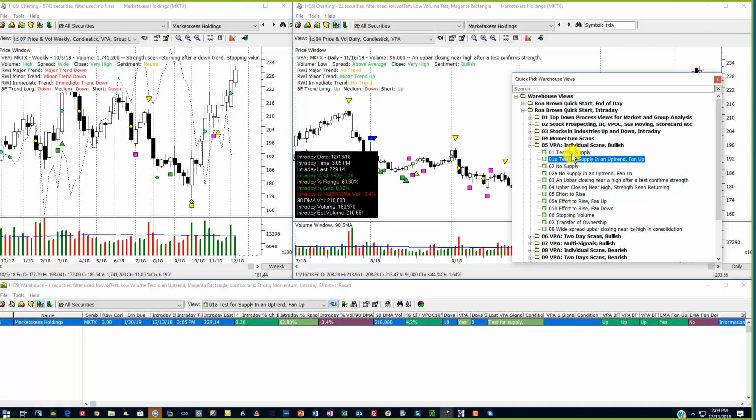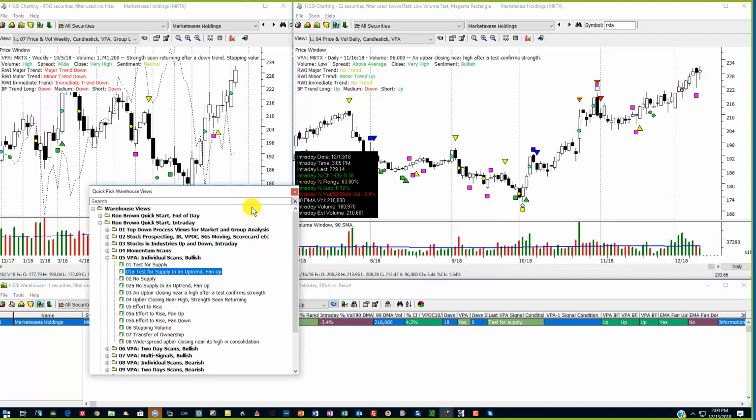So when the market settles down, if we ever see a strong bullish move in the near future, I think this will be a very good scan for you, because what I'm looking for here are stocks that have the fan formation of the moving averages: the 18 above the 50, which is above the 100, which is above the 200, and that generally shows strong institutional interest in a stock.